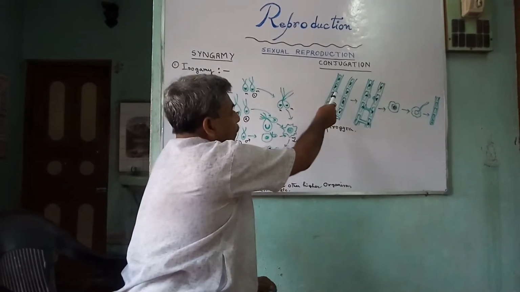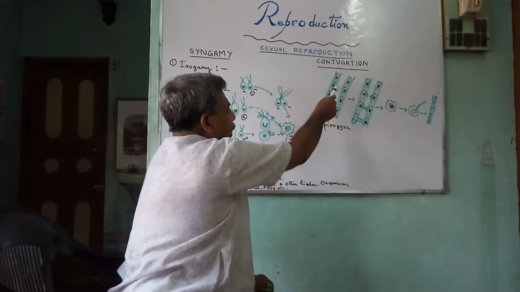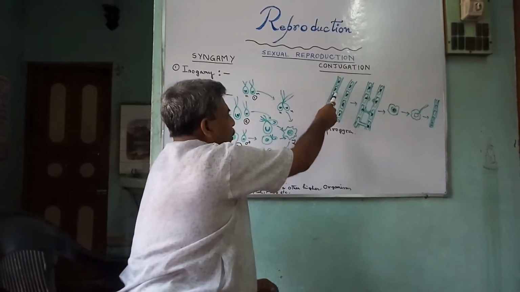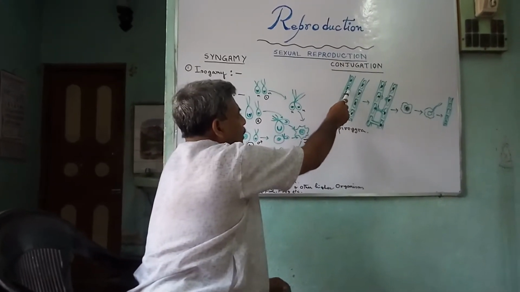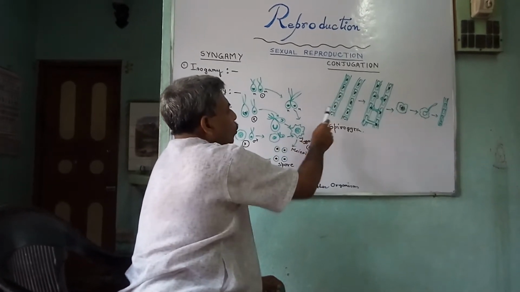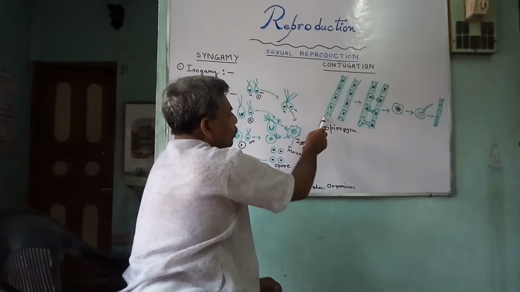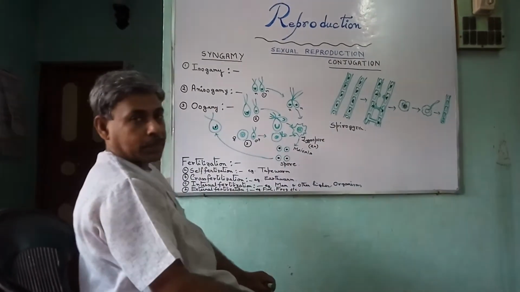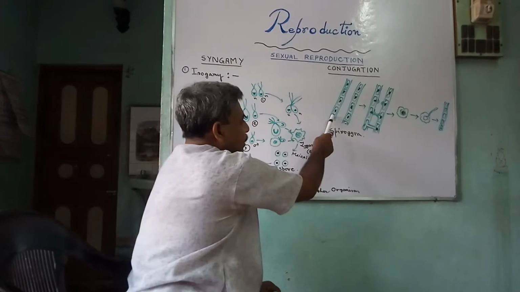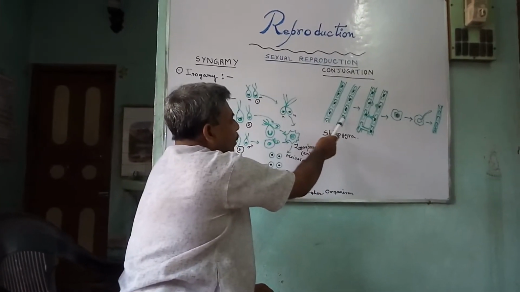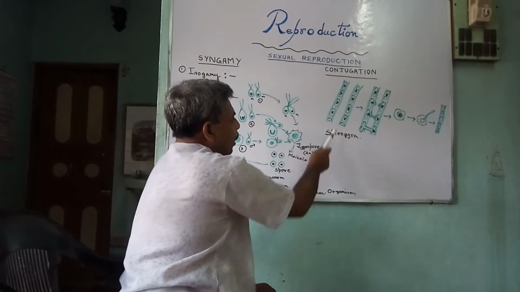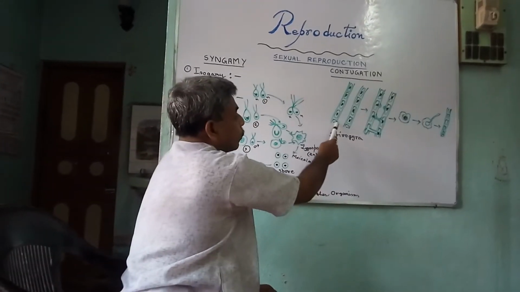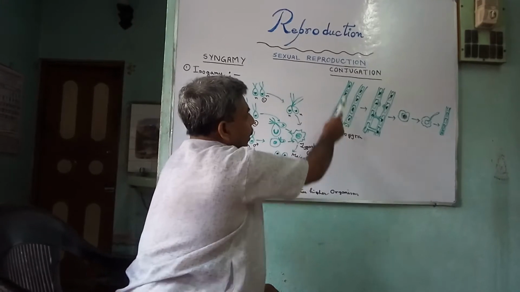It may be either homothallic or heterothallic. If the transfer of the genetic material occurs between two cells of the same body, that is called homothallic conjugation. But when two different fibers or two different individuals of Spirogyra come close to each other and conjugation occurs, that is called heterothallic conjugation.